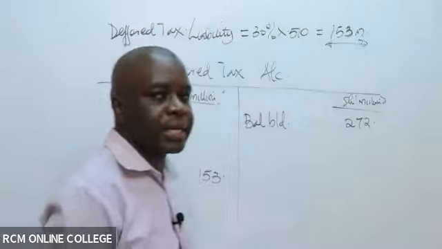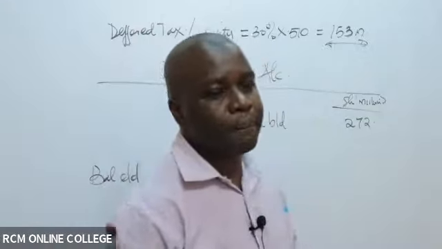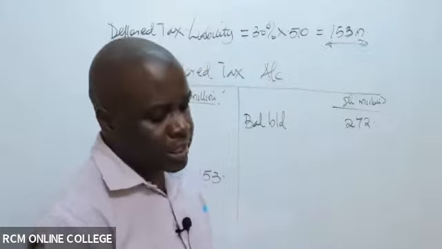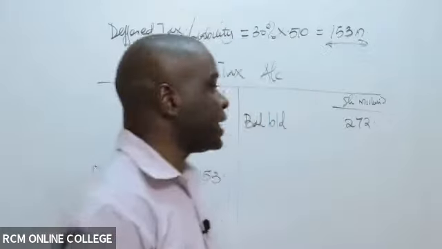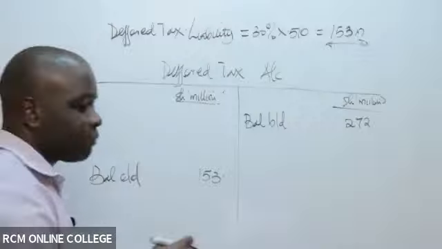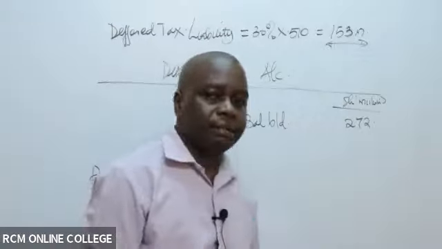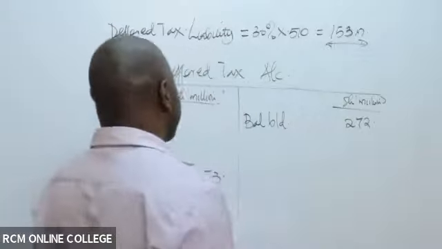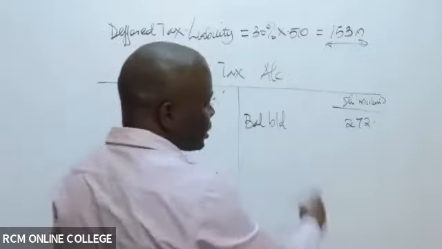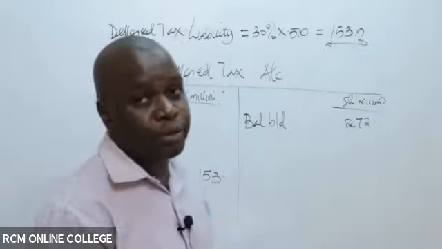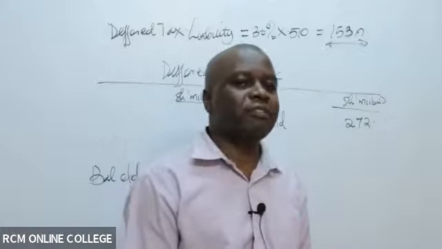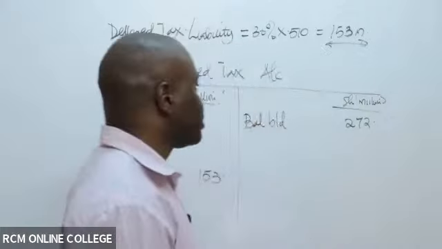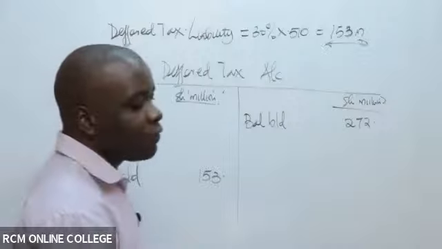Now I want to tell you how you consider revaluation on property, plant, and equipment. Any revaluation gain, you credit the deferred tax account with that gain, but you have to consider the deferred tax on it, which is 30% of the revaluation gain.